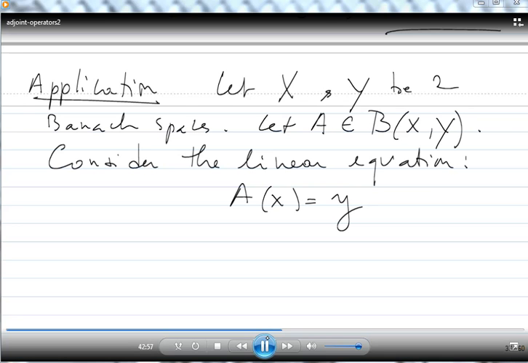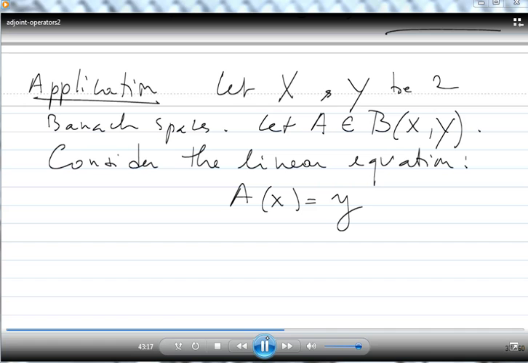First of all, in order for us to have a solution, our Y has to be in the range of A. That will prove us the existence.